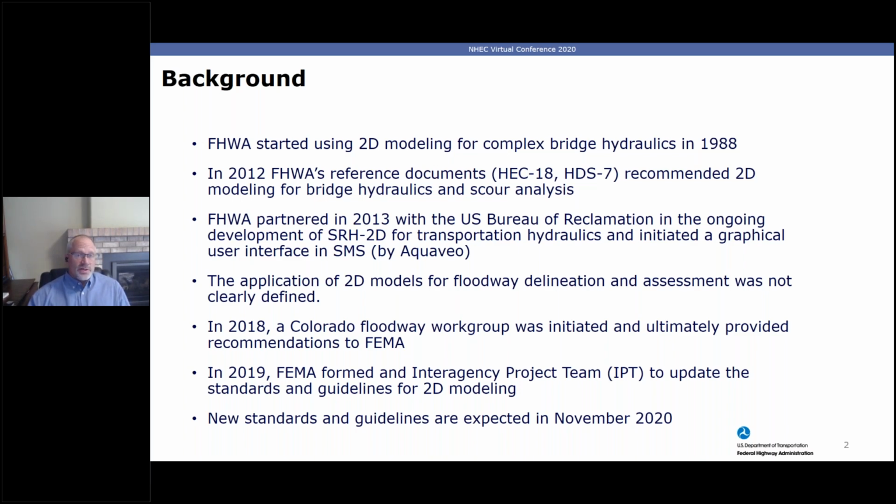So new standards and guidelines have been developed, and they were available for public review in July and August, just recently here. And there's still ongoing discussions amongst the IPT group, but I understand that FEMA plans to publish updated standards and guidelines in the November timeframe. So stay tuned.